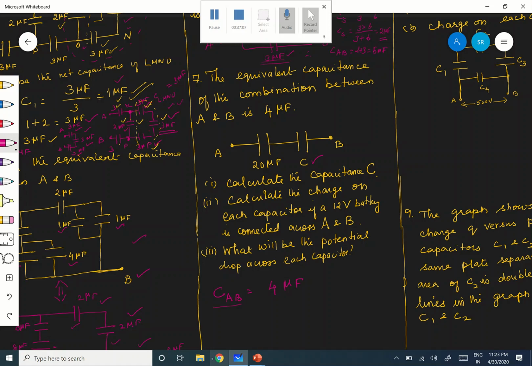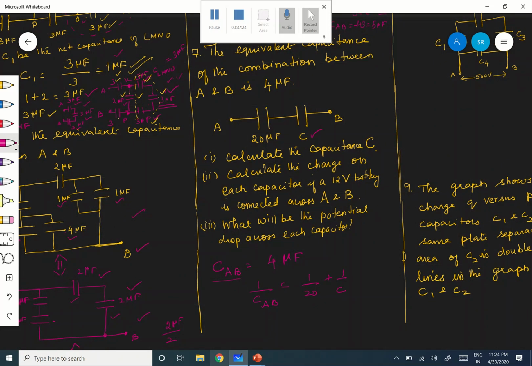Therefore, 1 by CAB is equal to 1 by 20 plus 1 by C. 1 by CAB is 1 by 4, that is equal to 1 by 20 plus 1 by C. Therefore, 1 by C is equal to 1 by 4 minus 1 by 20.